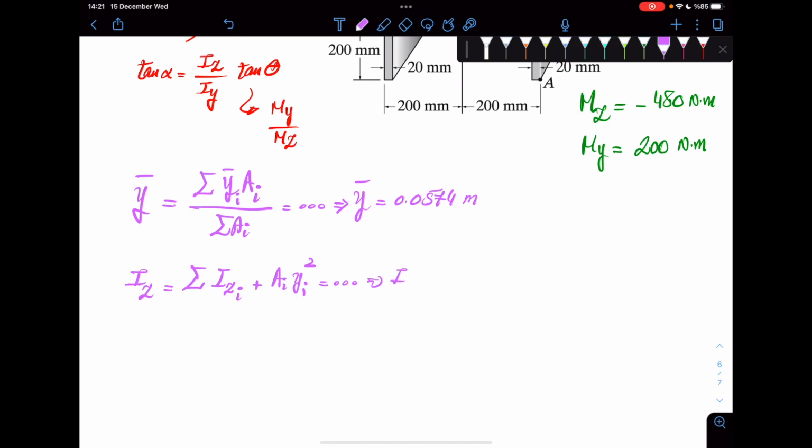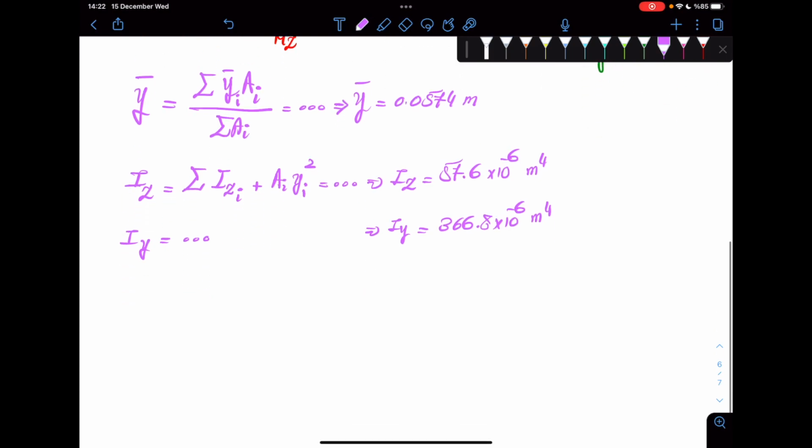And if you do that, you get Iz to be 57.6 times 10 to the minus 6 meter to the power 4. You do the same thing for Iy, and that would be 366.8 times 10 to the minus 6 meter to the power 4.